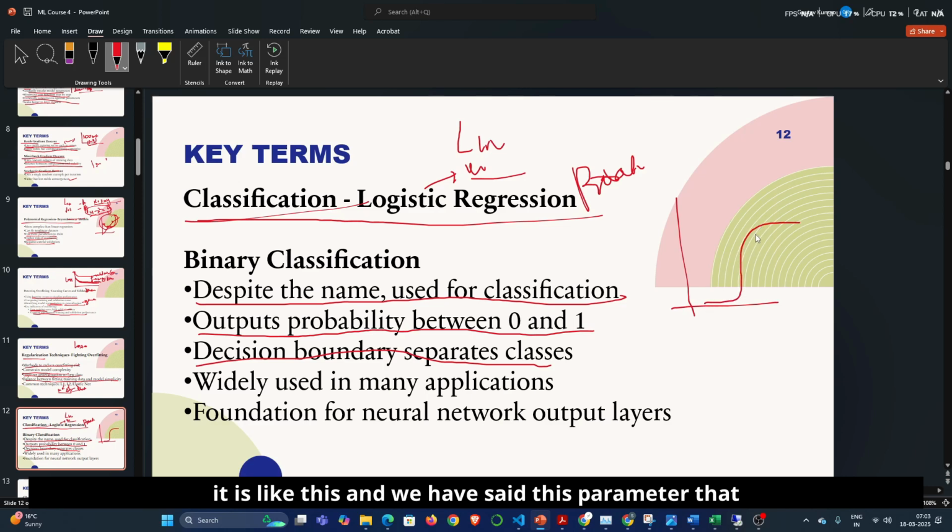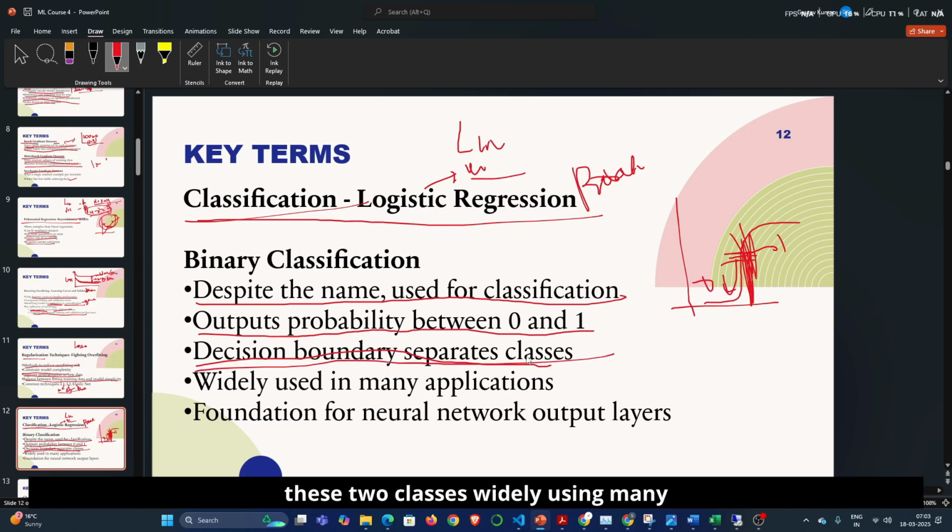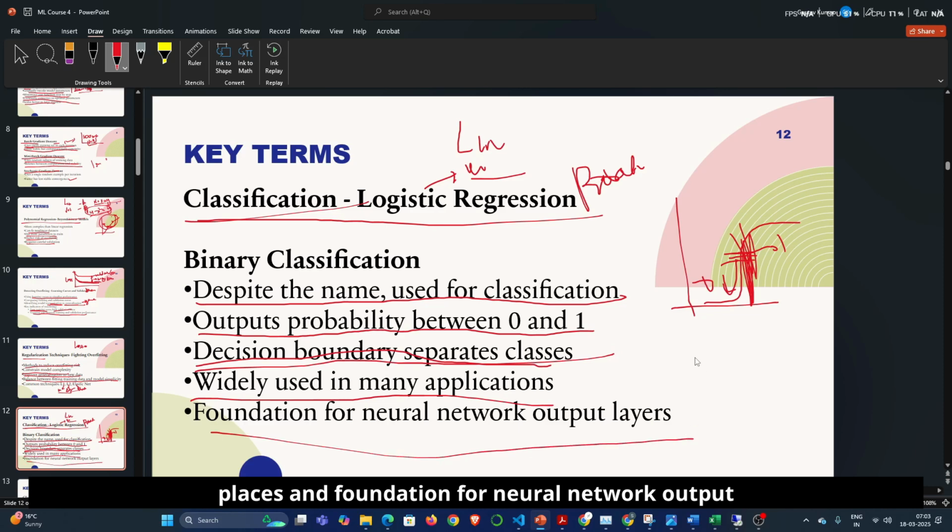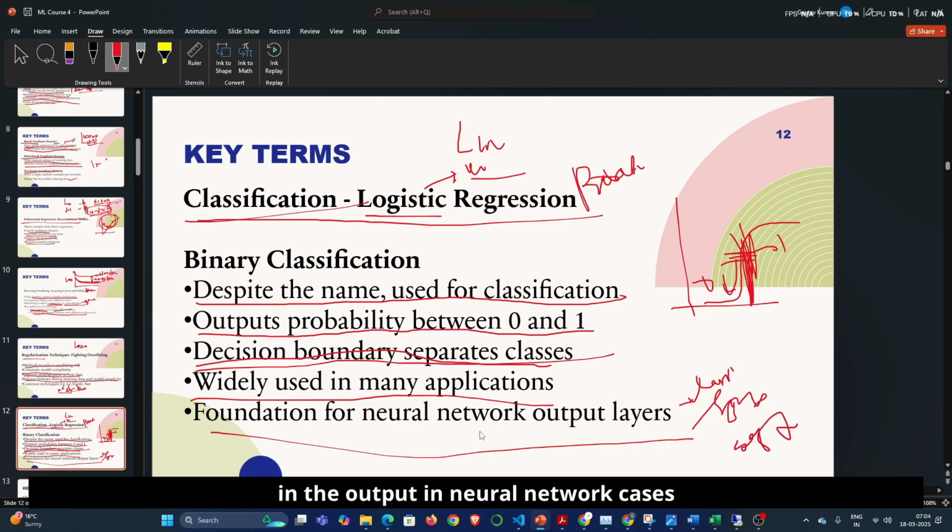If it is above 0.5, then it will be 1, or below 0.5, then it is 0. That's how we separate these two classes. It is widely used in many applications, and is the foundation for neural network output layers in which classification is required, where we always use sigmoid or softmax in the output.